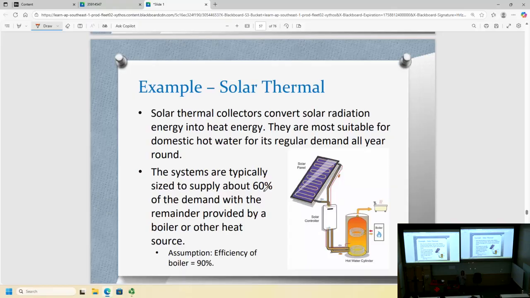But for the solar thermal system, we won't design it to meet 100% of the heating demand, because if we design it to meet 100% of the demand, then during summer, probably we will oversupply the heat energy.